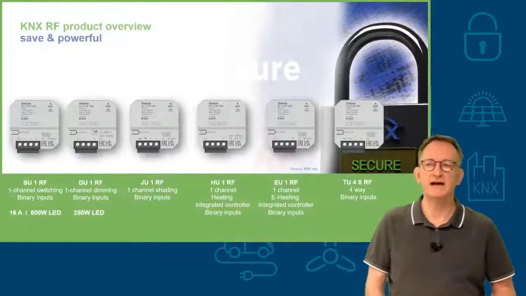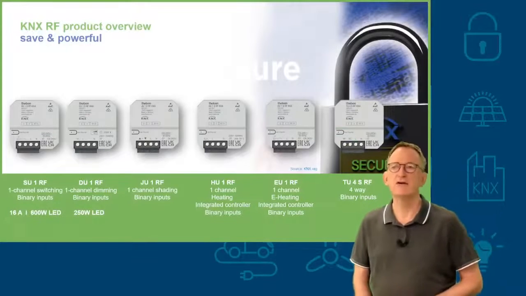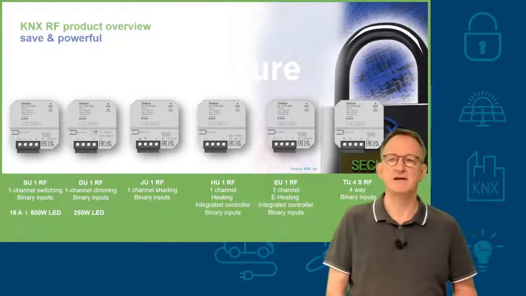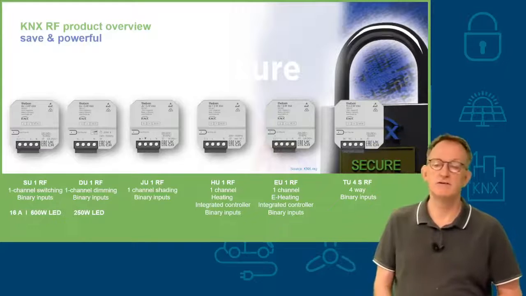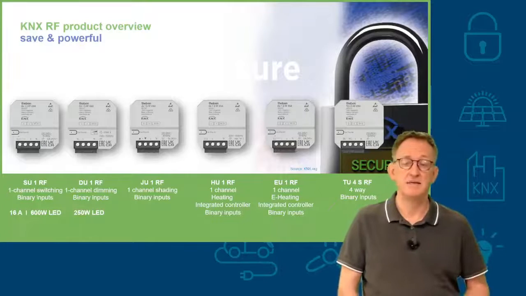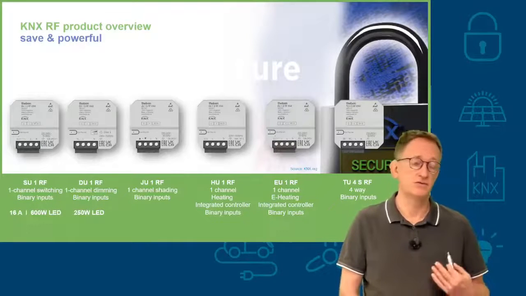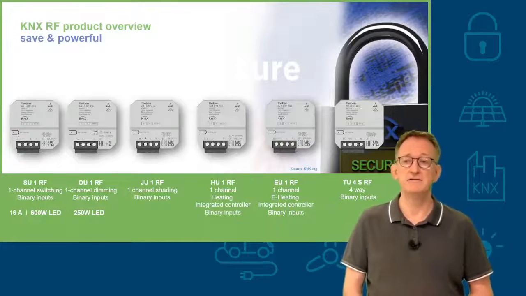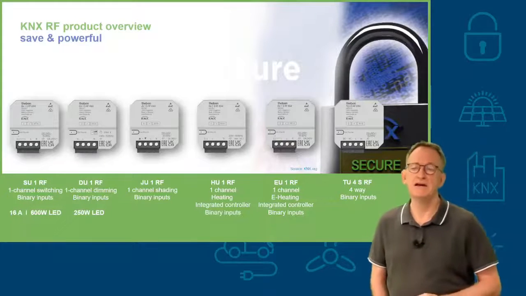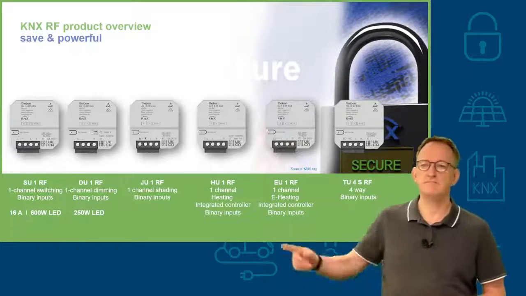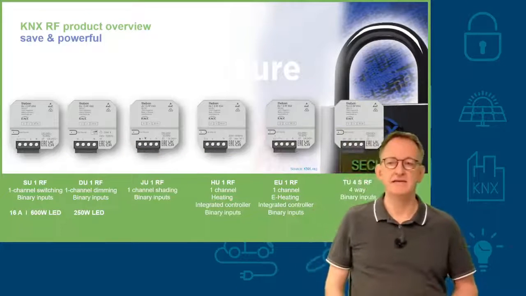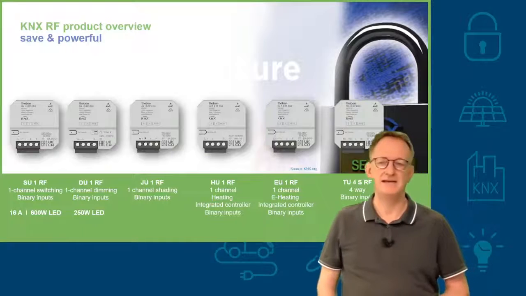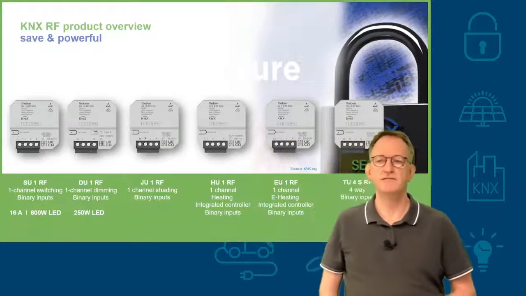What kind of devices do we have right now for KNX RF? On the very left side, the switching actuator, which is designed also to handle a high LED load. We have a dimming actuator, also ideal for dimming of LEDs up to 250 watt.